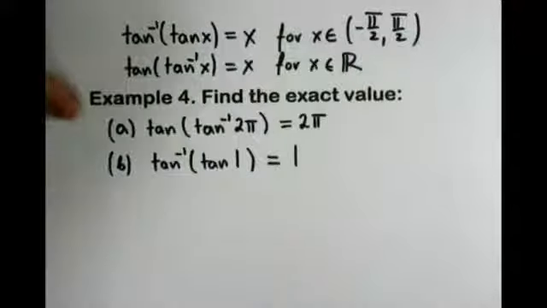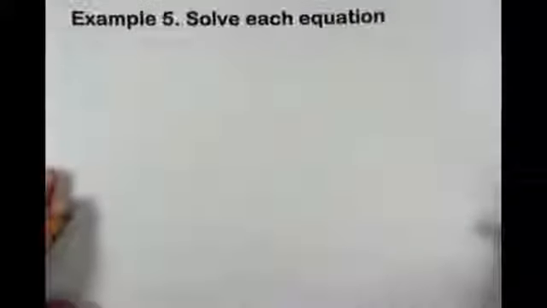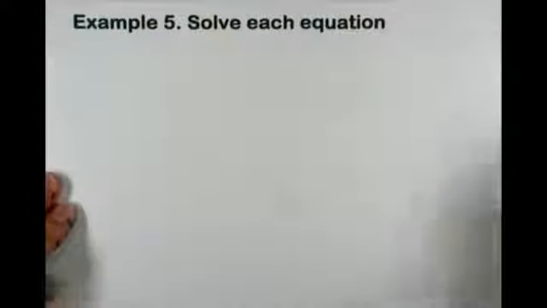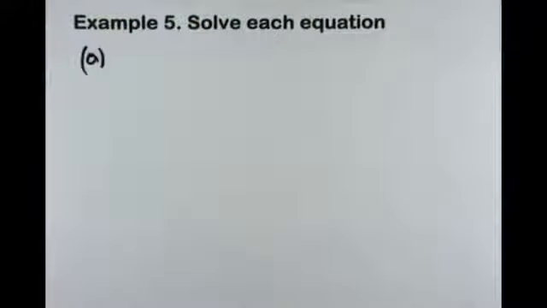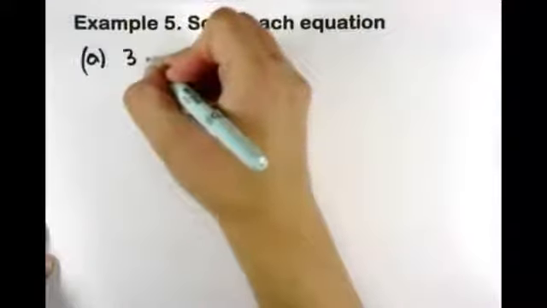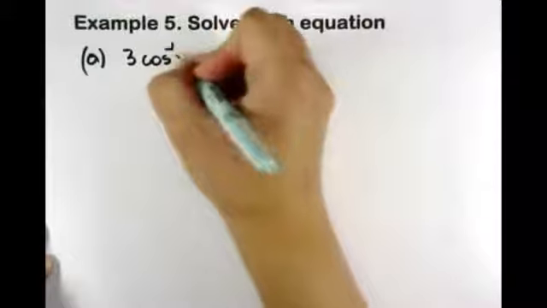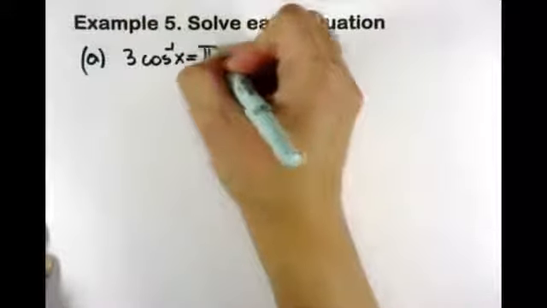And now we would like to find another example, example 5. Solve each equation, the question says. We have A: 3 cos inverse x is equal to pi.